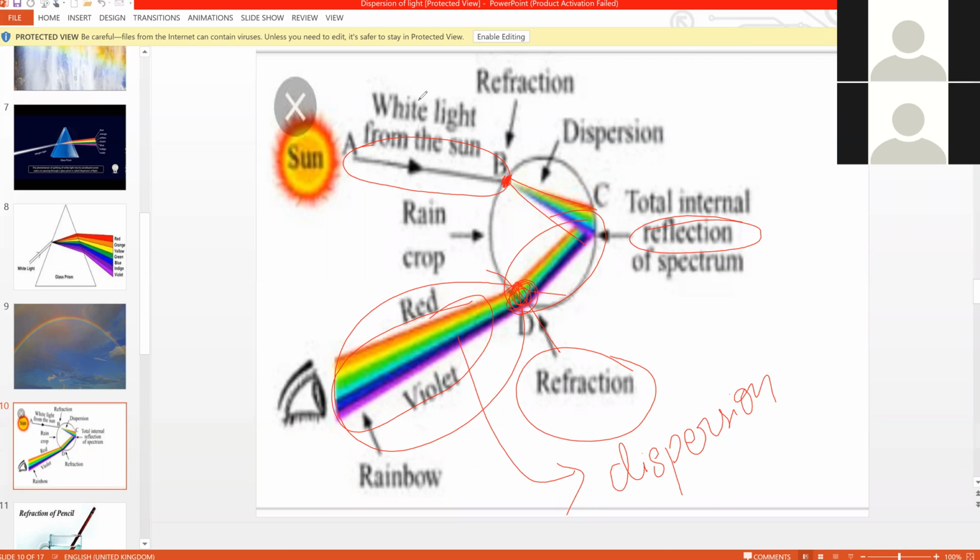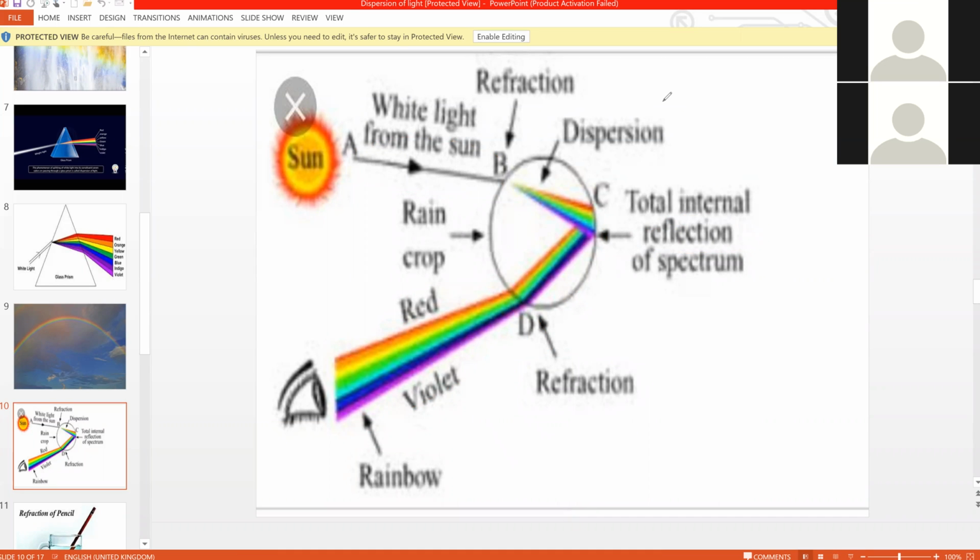Okay, so did you understand this concept, children? How the rainbow is formed? Yes, ma'am. Can anyone explain to me how it was done, so that I will understand? Yes, ma'am, I will explain. First, the ray of light of the sun is coming, and everybody mute yourself except who is responding now.